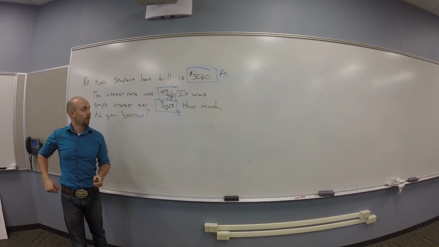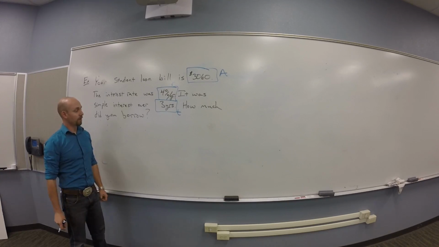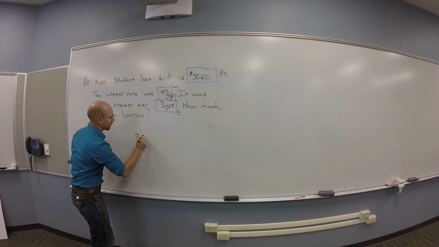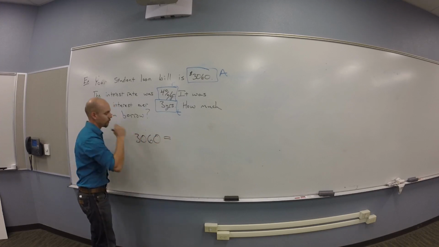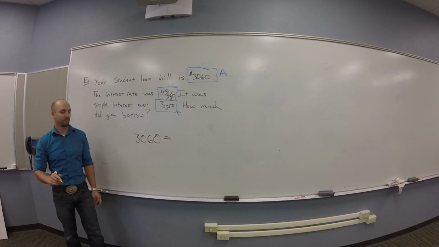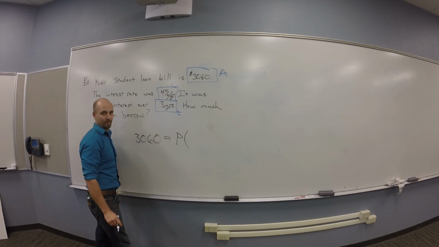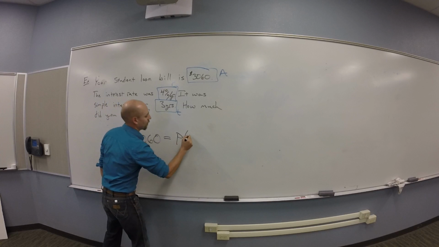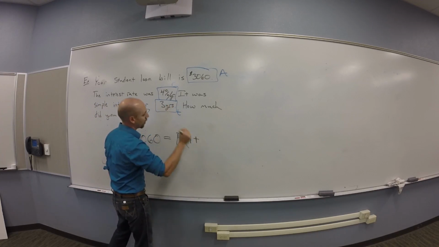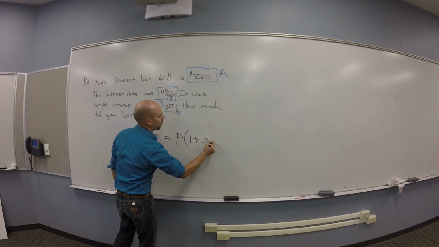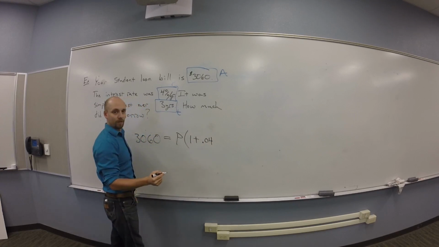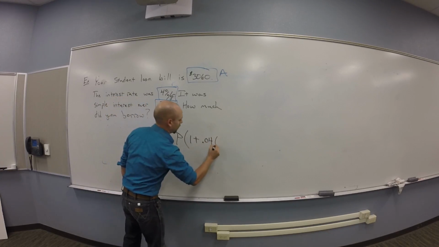Okay, so what equation do I want to use? I know $3,060 should equal P plus P times the quantity of 1 plus RT. I know R, it's 4%, so 0.04, and T was 3.